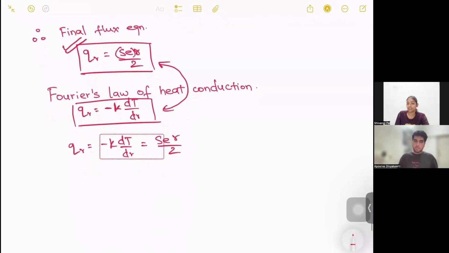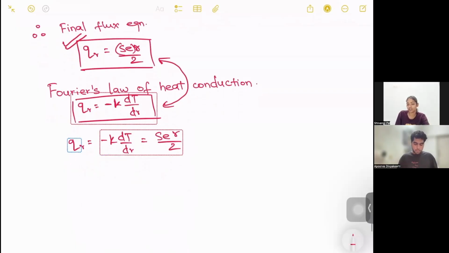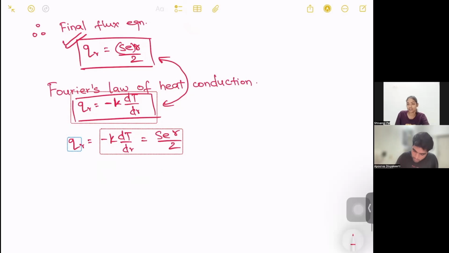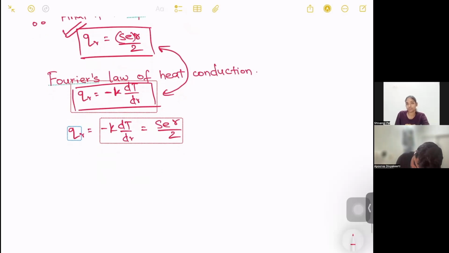Now we will be solving this equation. We will be arranging some terms here and there, and integrating it to get our final temperature profile.